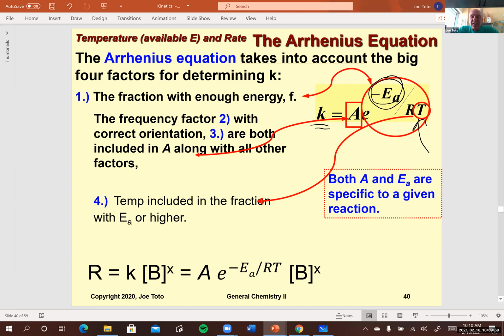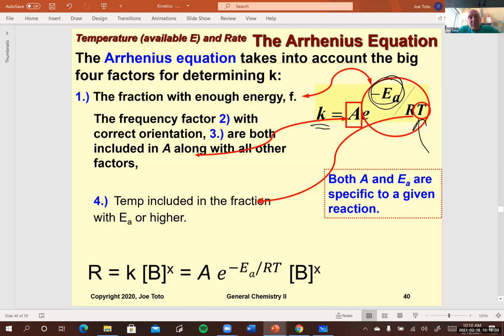And all the other factors that are important in reaction rates, or the rate constant, as long as they're held fixed, I'm just going to lump them into another constant, A, called the pre-exponential constant, and leave it at that. Let's just assume that no one's changing the surface area or any conditions specific to that reaction that may affect anything that goes into A.